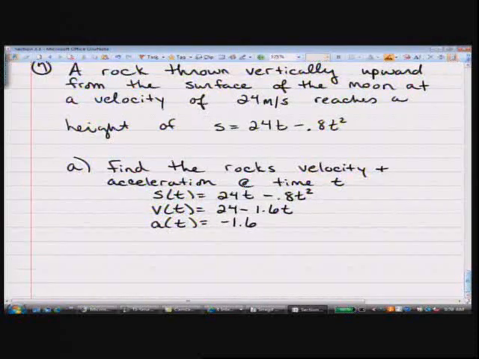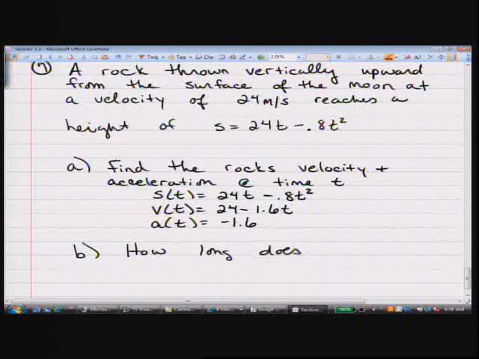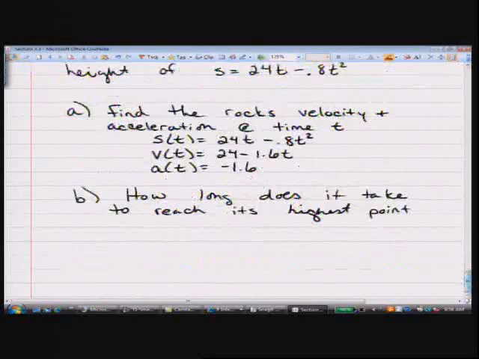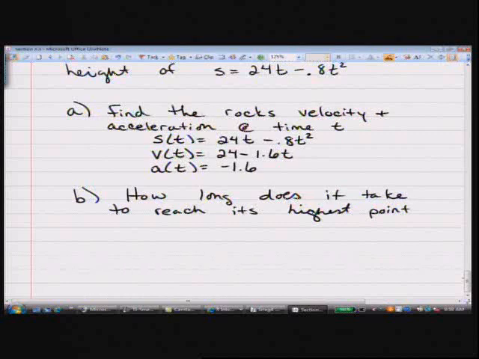Okay. Now, part B asks, how long does it take to reach its highest point? Because our equation is quadratic, you could take all the calculus fun away and do this with a college algebra question, negative b over 2a, which is the vertex.